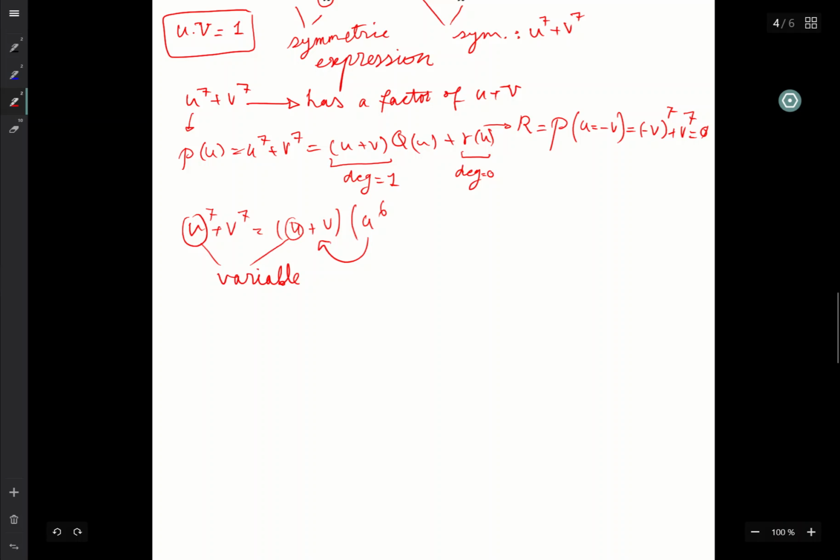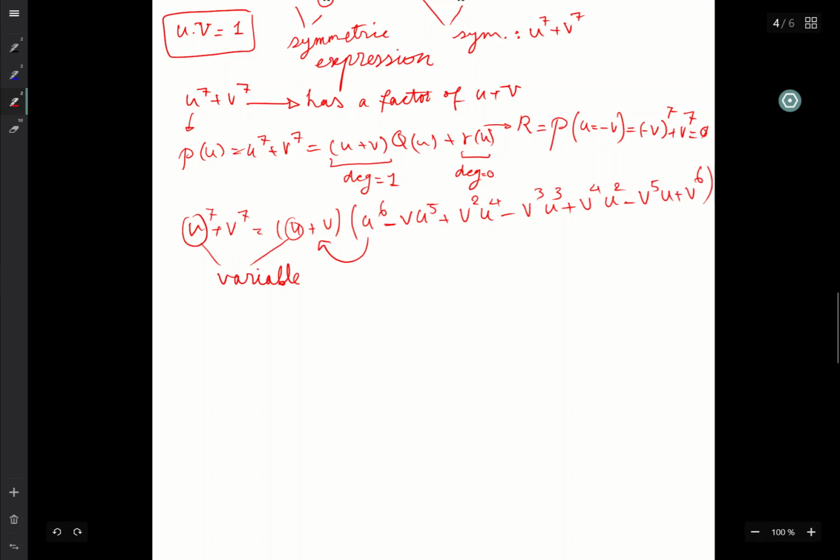I end up with minus u to the 6 v plus v to the 7. So I end up with u to the 6 minus v u to the 5 plus v squared u to the 4 minus v cubed u cubed plus v to the 4 u squared minus v to the 5 u plus v to the 6.